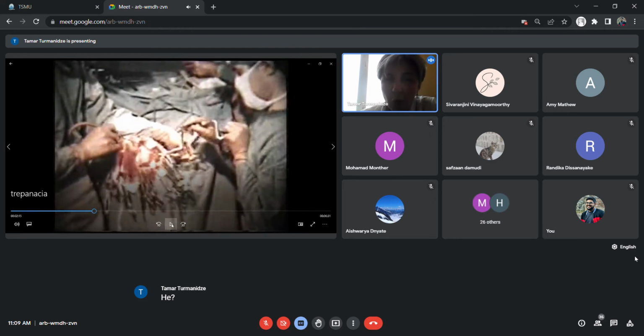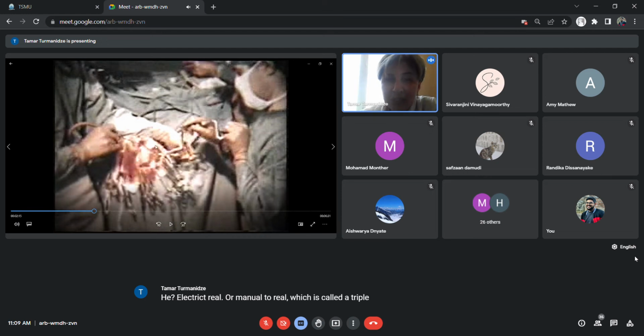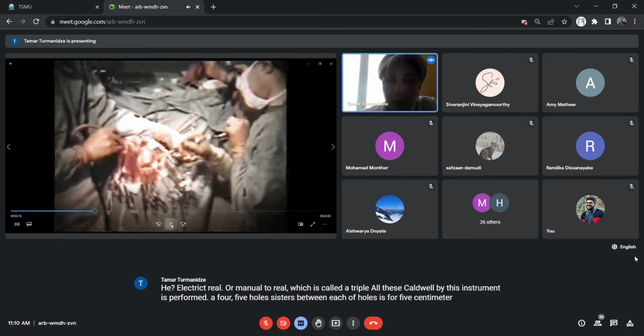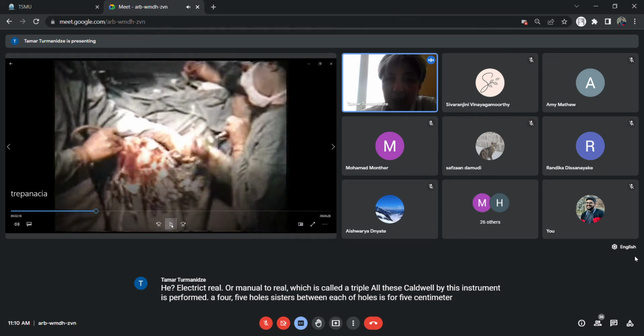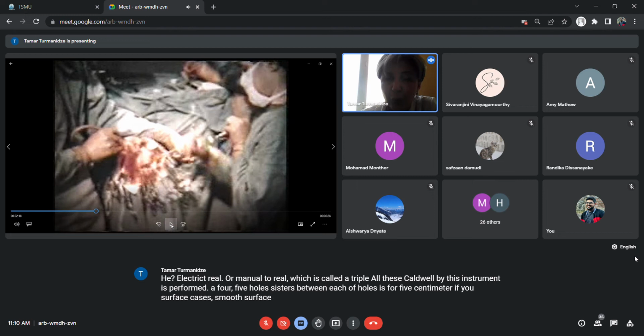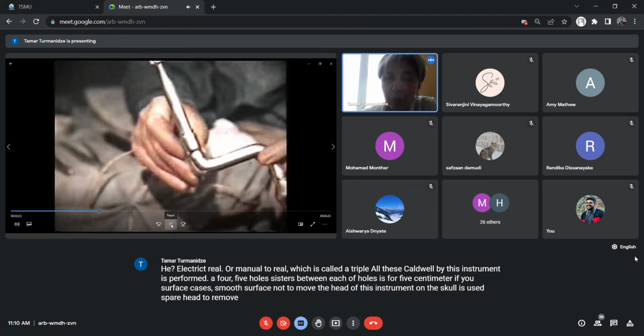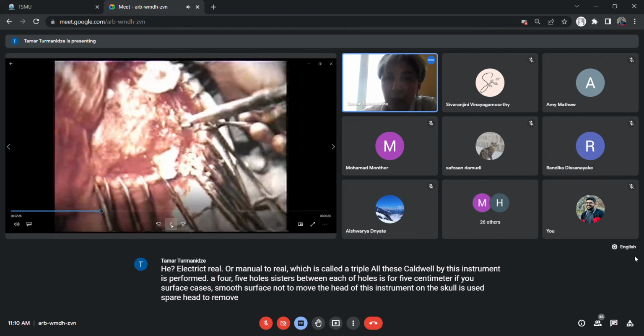Electric drill or manual drill, which is called a trepan. On the skull bone by this instrument 4-5 holes are performed. Distance between each hole is 4-5 centimeters. If the skull bone outer surface has a smooth surface, so as not to move the head of this instrument on the skull, a spearhead is used to dissect the lamina externa.